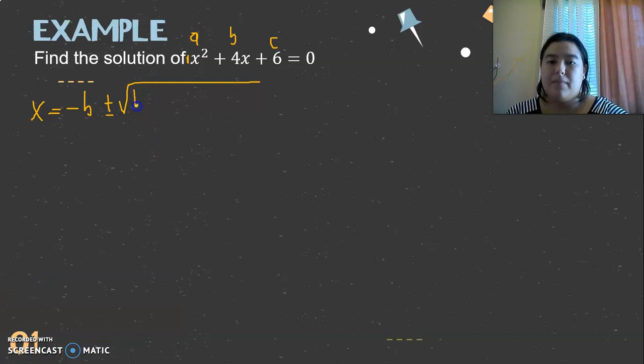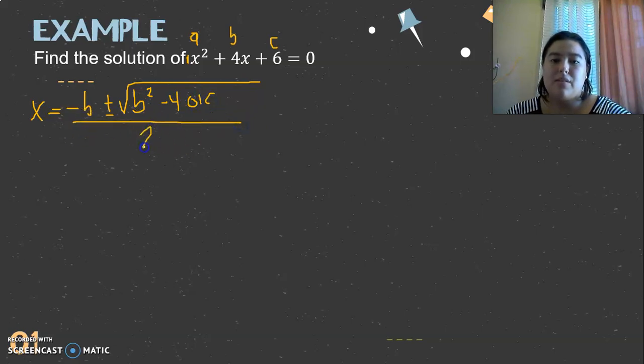Okay, b to the second power minus 4 times a times c, and all divided by 2 times a. Now we are going to change the values. x equals negative b, so negative b, the value for b is 4.